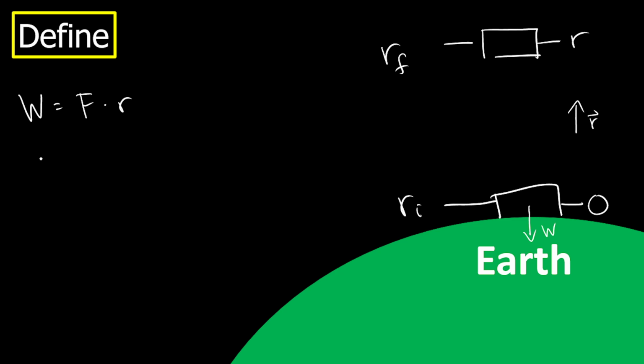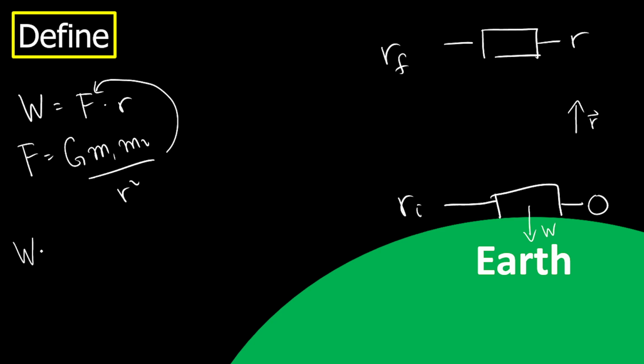Now, Newton's law of gravity tells us that F equals G m1 m2 over r squared. We can substitute this value into here, and what we will obtain is G m1 m2 over r.